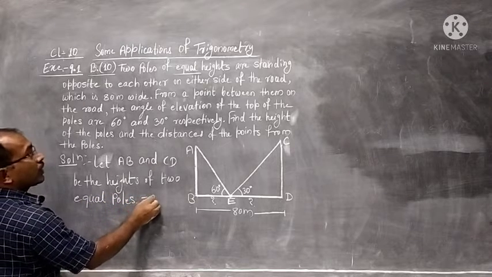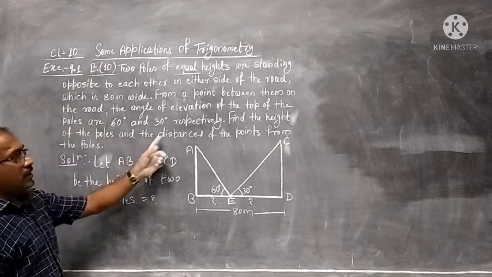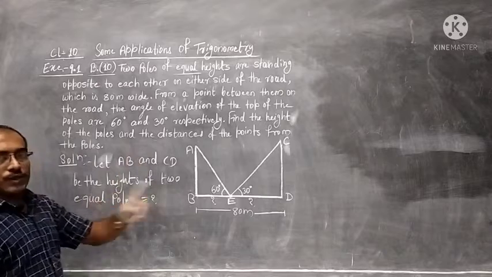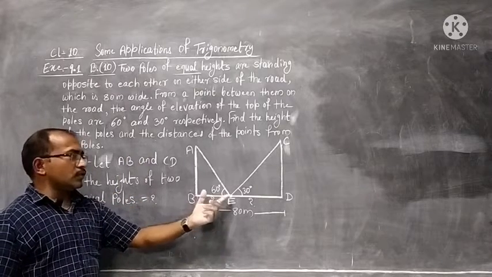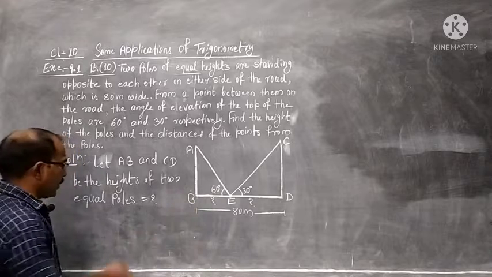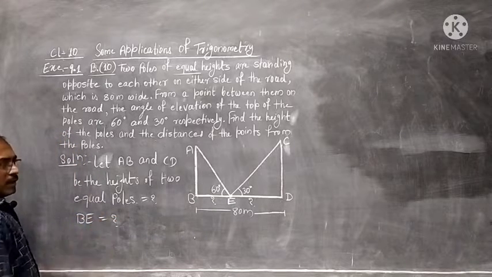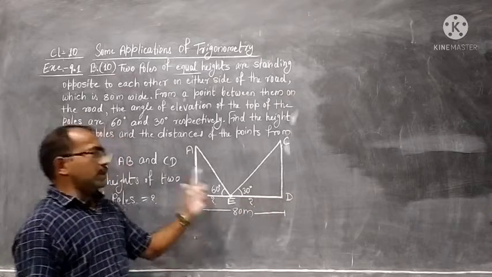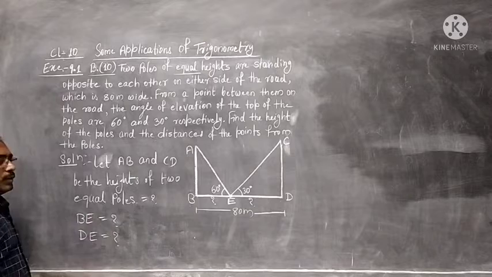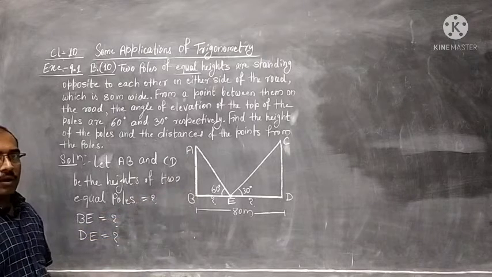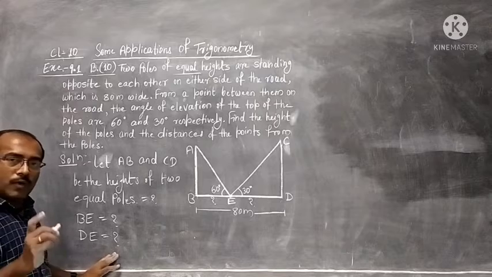This we have to find out, the height of the poles. Then another one is the distance of the point from the poles. Which point is E on the road? So we have to find the distance of E from B, that means BE, and another one ED or DE. These both we have to find, the distance of the point from both poles. So we have understood the diagram, the introduction and also what we need to find out.